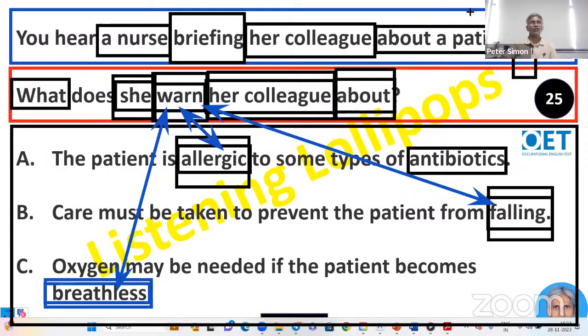Now I want to ask you, have you understood the concept which I told you? This is how to identify the proper word in the question. Here warning is the key word in the question. Why are they warning? Is it because of allergy, falling, or breathlessness?